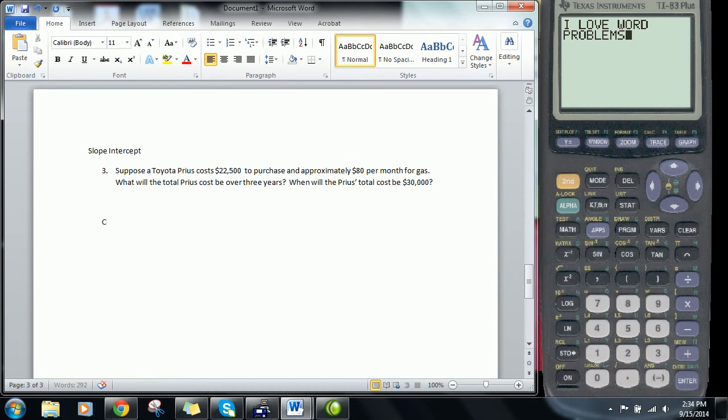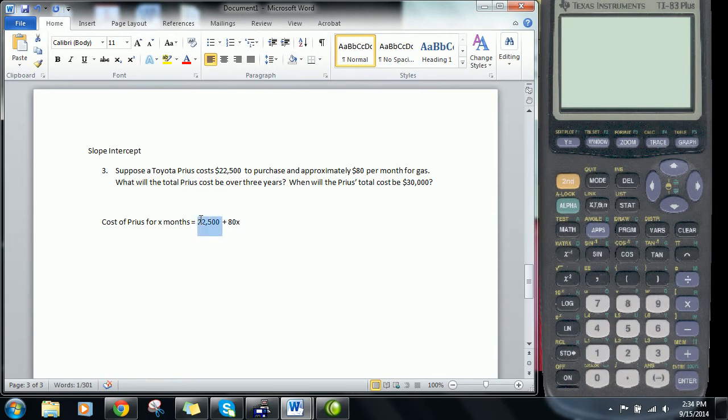The cost, I'll just type it out at first, over X months, cost of my Prius for X months equals the purchase price, right, which is $22,500 plus $80 per month. Now, if it's X months, that just means 80X, right? There's your slope, 80.